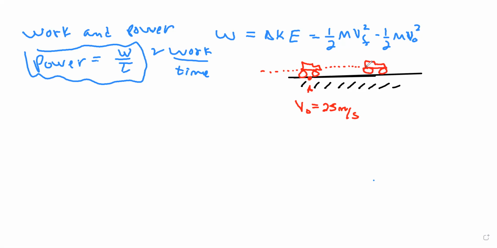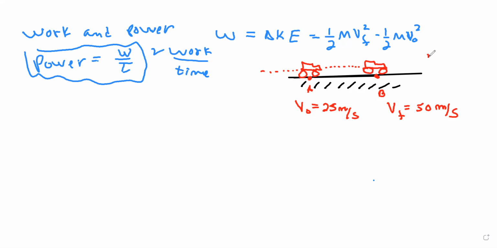Here's your little car right here. And let's call this point B. And the velocity, which would be the final velocity when it passes through point B, is going to be 50 meters per second. So what happened here? Well, as you can see, there's going to be a change in the velocity.